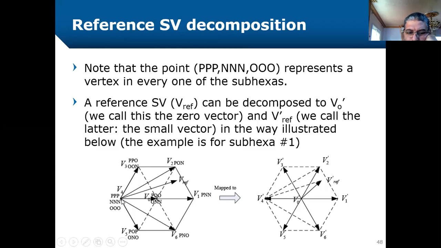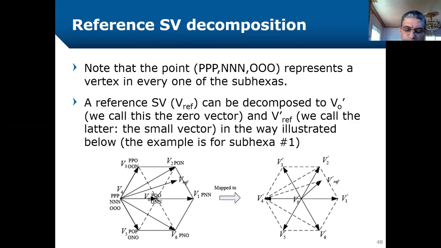One component is from the ground center point of the hexagon to the local center point of each sub-hexa. Okay? Please recall that the coordinate of these vertices or these crossings or these centers of the sub-hexagon can be calculated from simple geometric analysis.